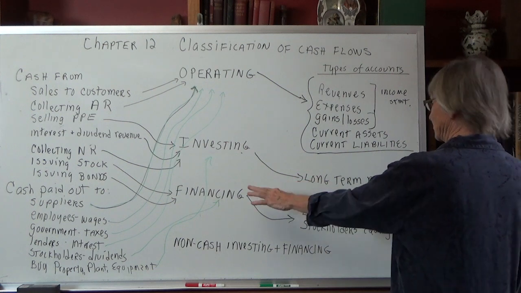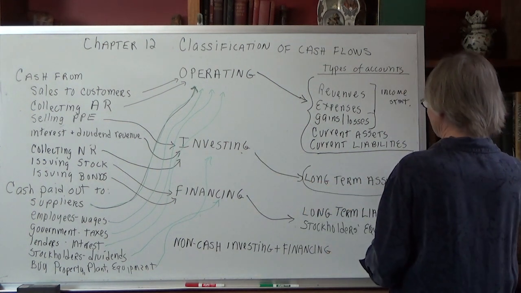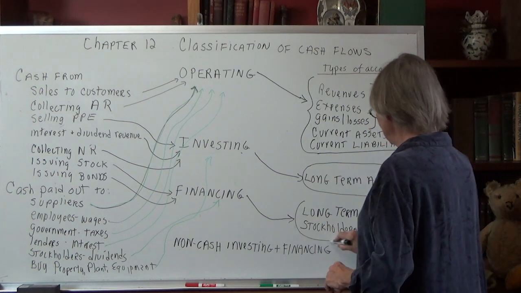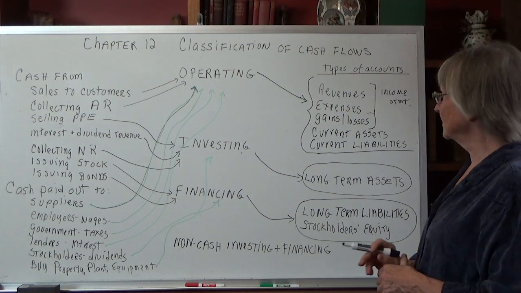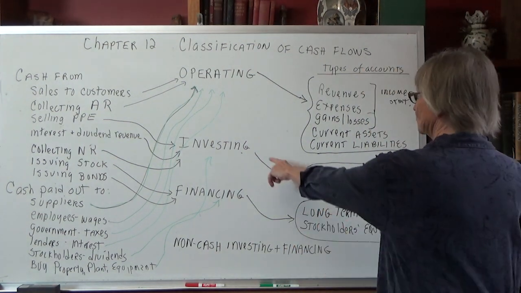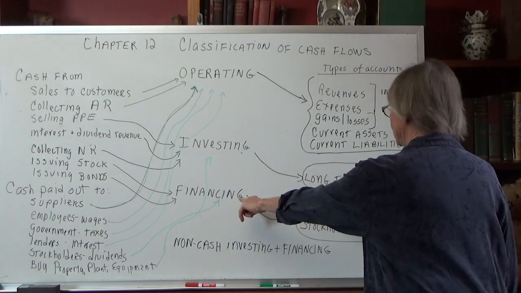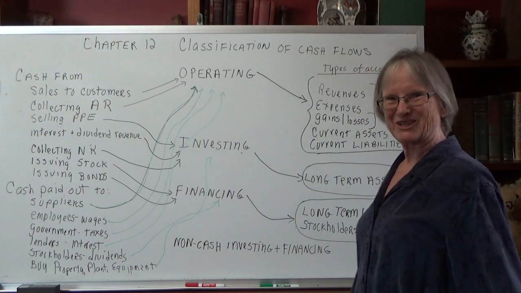Your investing section, that's only long-term assets. Your financing, that's where your long-term liabilities and stockholders' equity accounts show up. So actually, if you wanted to really make things easy for yourself, you just remember investing, long-term assets, financing, long-term liabilities, stockholders' equity, anything else is operating.